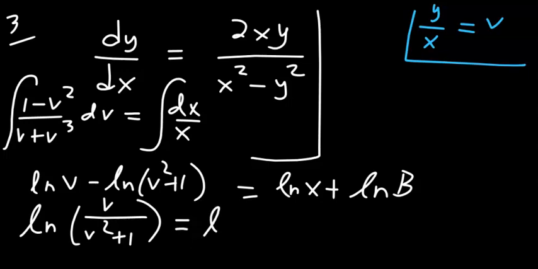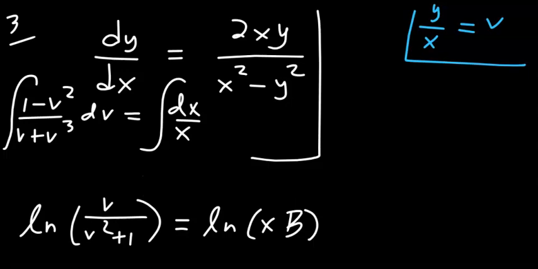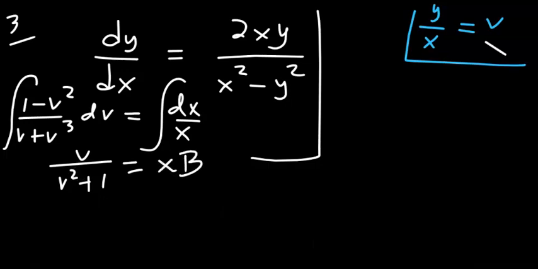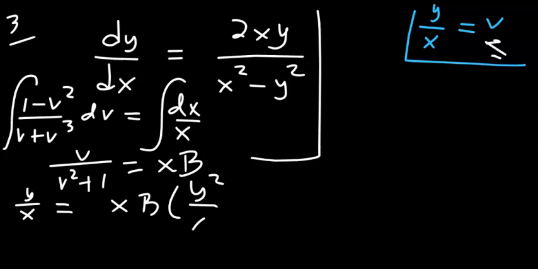Likewise, the right-hand side is the natural log of x times b, which means v over v squared plus 1 equals x times b. Substituting back v as y over x, we get y over x over y squared over x squared plus 1 equals xb.